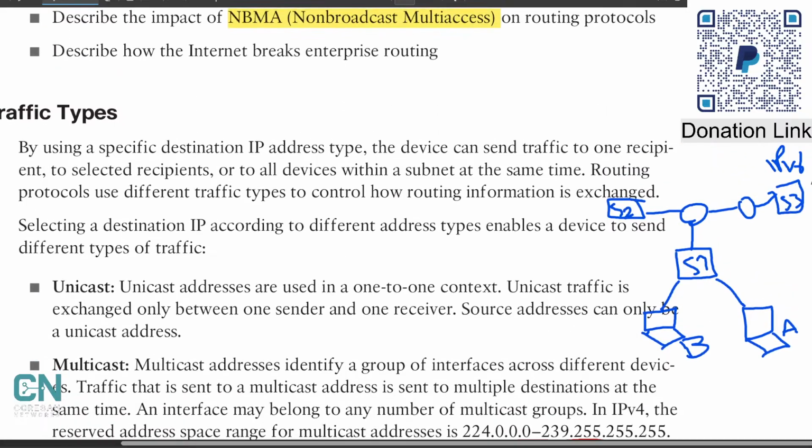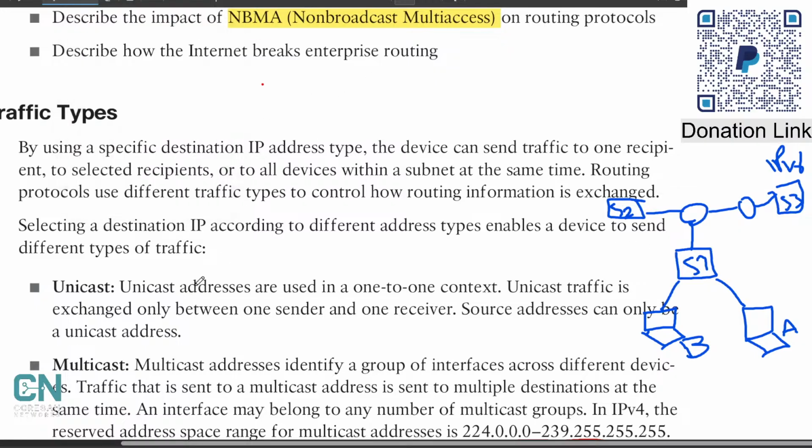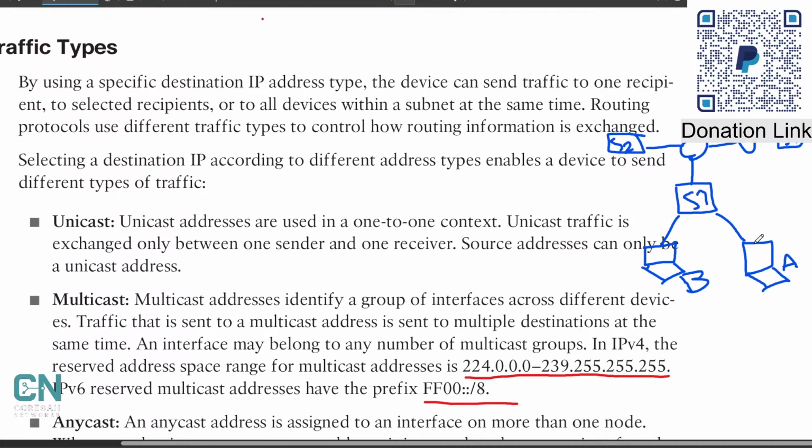If a sender, PC A, wants to send a multicast packet, the traffic goes like this. It goes here and it goes here.